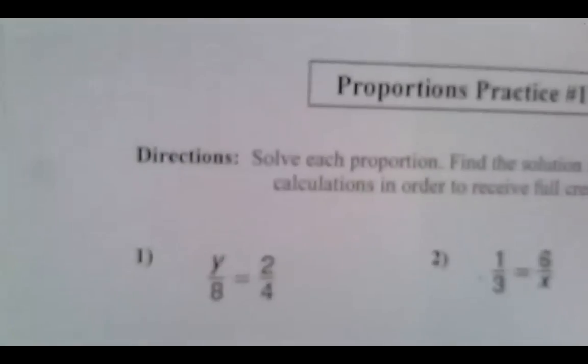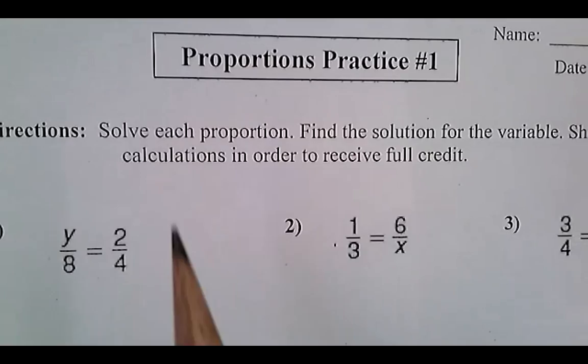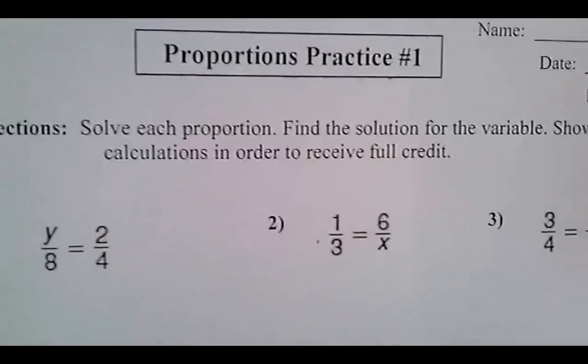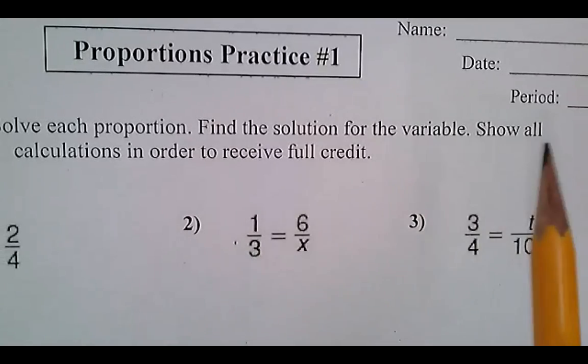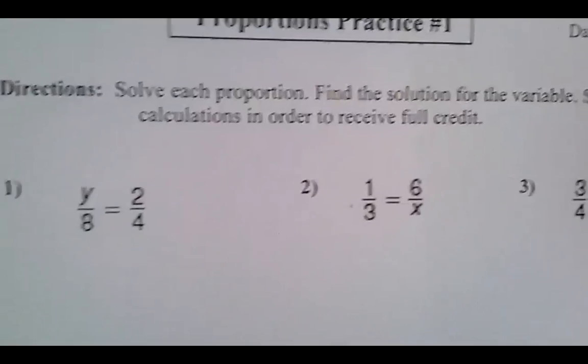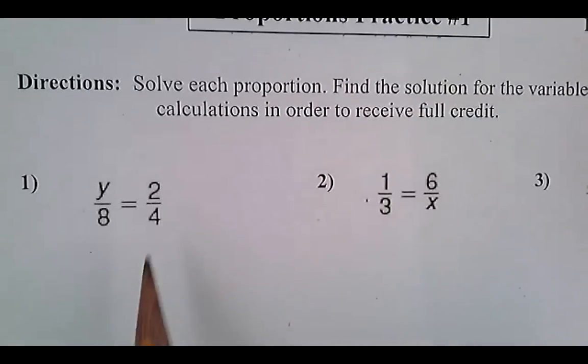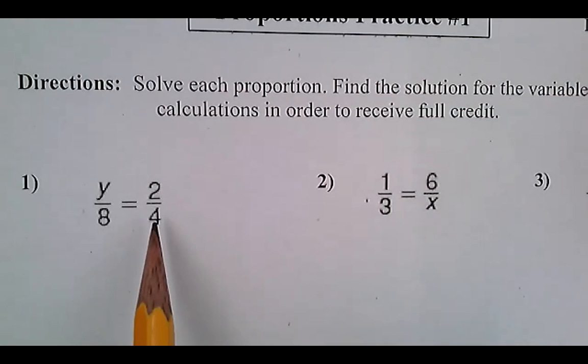All right. So you have proportions practice number 1. This is in your notes. So the directions say solve each proportion, find the solution for the variable, show all calculations in order to receive full credit. Okay. So on this one, you would want to see, can we leapfrog this? Well, we probably can, right?